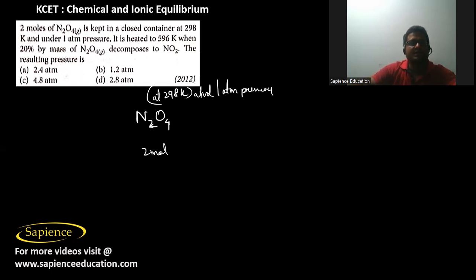Then it is heated to 596 Kelvin when 20% by mass of N2O4 decomposes to NO2. The resulting pressure is? So here 2 moles of N2O4 was initially taken and then it was heated to 596 Kelvin.